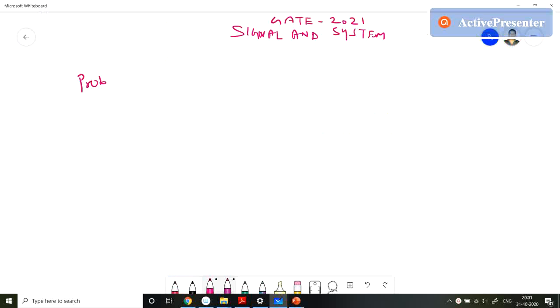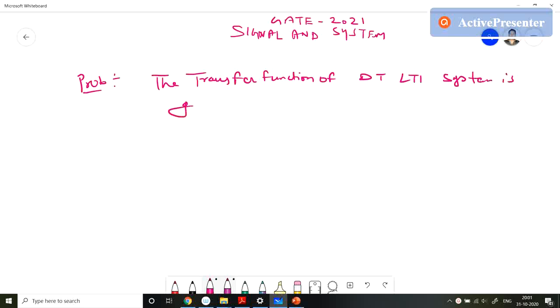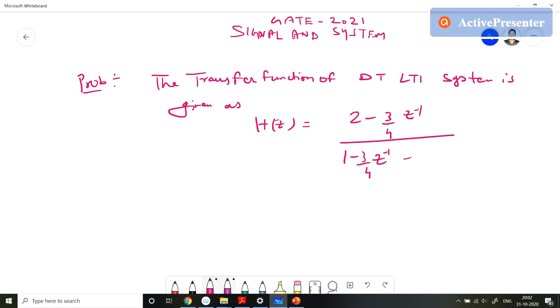So let us solve this problem. The transfer function of a discrete time LTI system is given as H(z) = (2 − 3/4 z^−1) / (1 − 3/4 z^−1 + 1/8 z^−2).